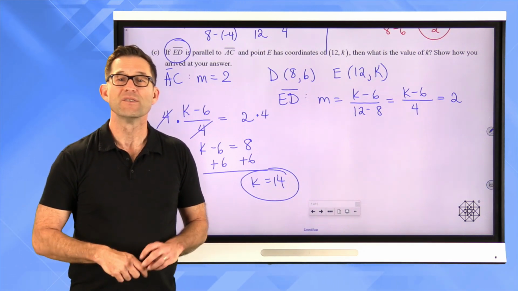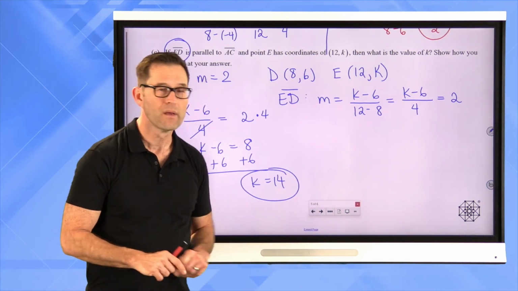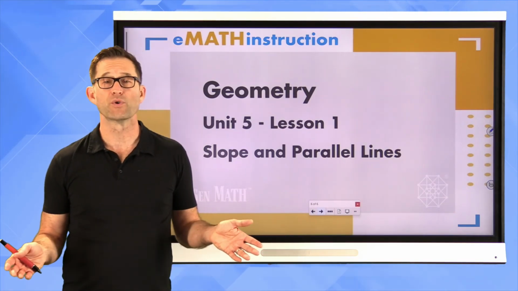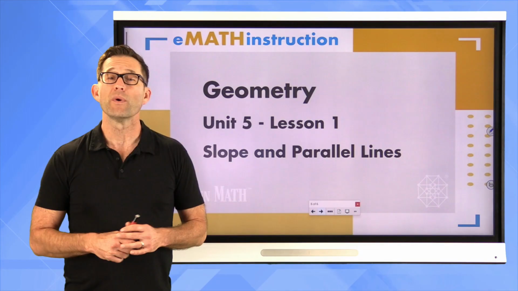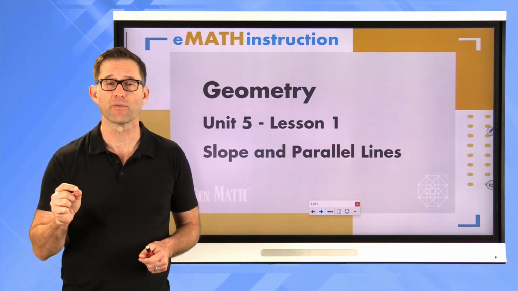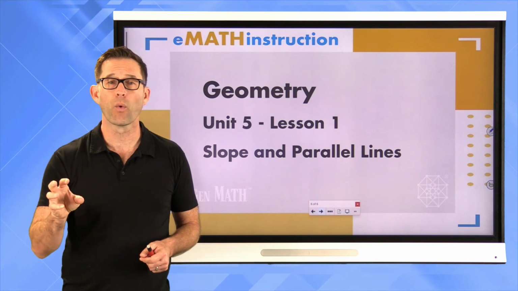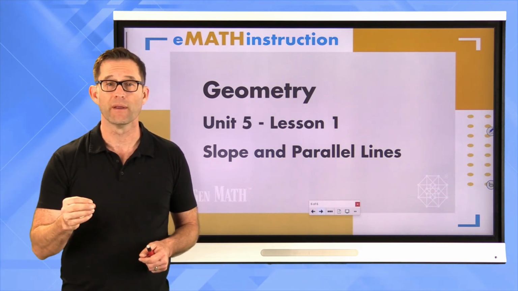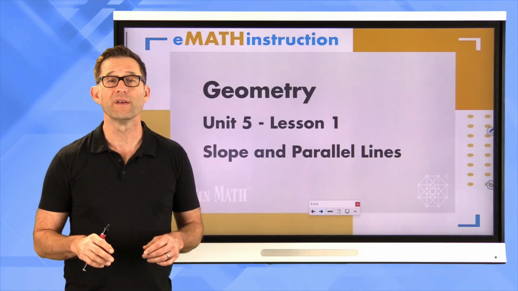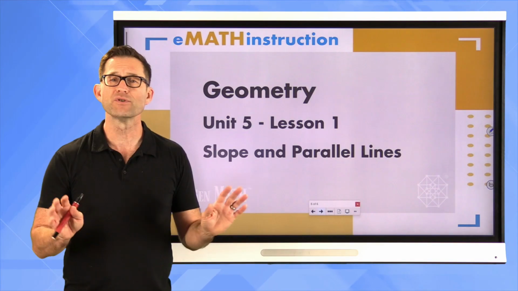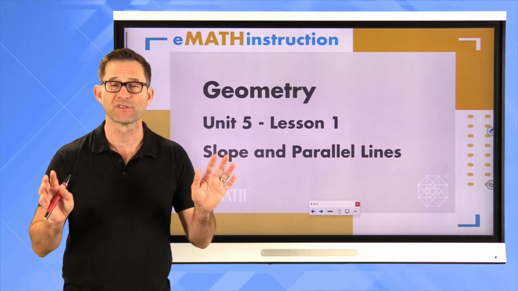All right, so let's wrap this up. We saw a couple of important things today, probably both of which were review. Number one, we talked about the concept of slope, the idea that it's a measurement of how much the y-coordinate along a line is changing for a given change in the x-coordinate. You've also known this as something called the average rate of change, but in geometry we're just going to be calling it the slope.